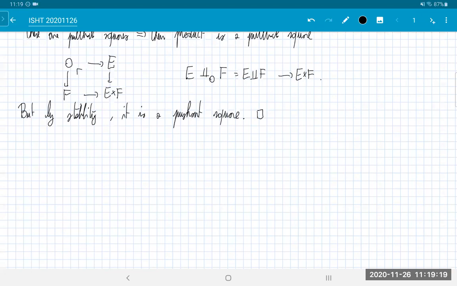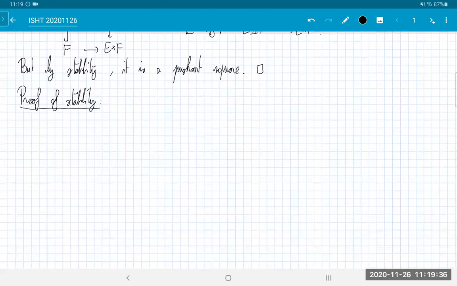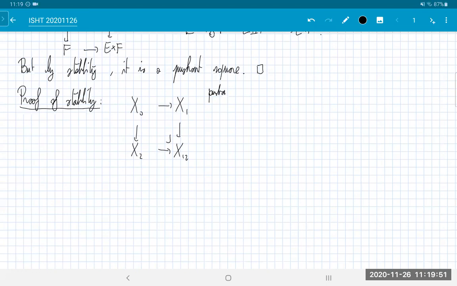So, okay. Proof of stability. So, okay, we have our square. Let me show one direction. Let me suppose it's a push-out square and show push-out implies pullback.